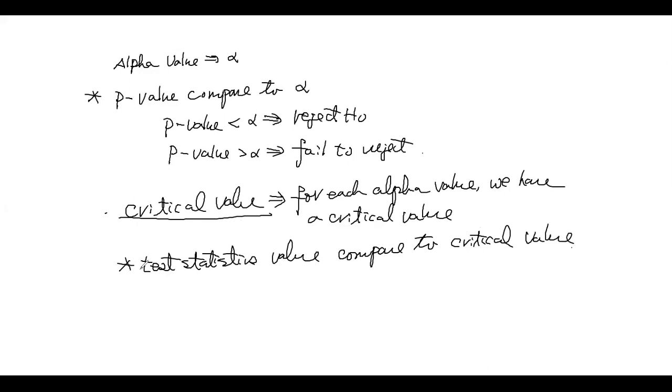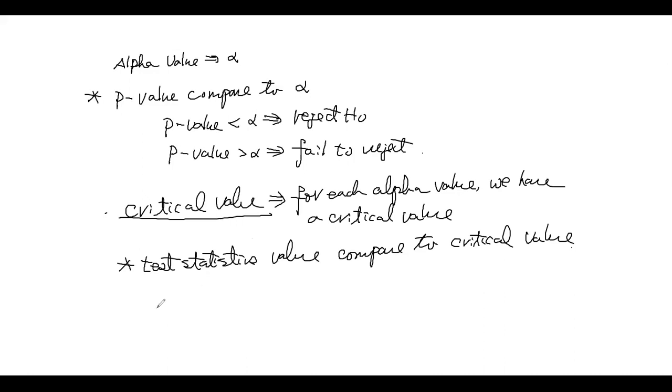You will ask, what is the test statistic value? I'm going to show you in our future lectures. We're going to give you many different formulas, so for different tests you have different test statistic values. So when do we reject?